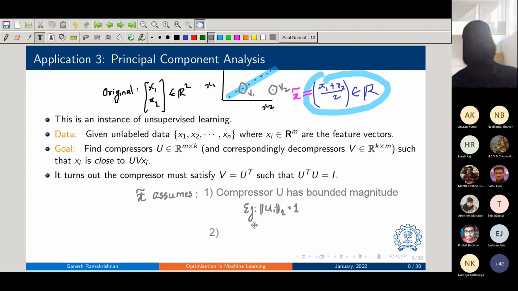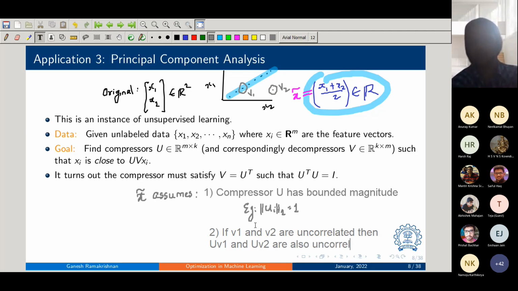But the goal is that if v1 and v2 are uncorrelated, then U of v1 and U of v2, the two transformed vectors, are also uncorrelated. To look at this in the strictest sense, you'll have to look at distributions. But let me know if you understand what I'm talking about. Any questions?